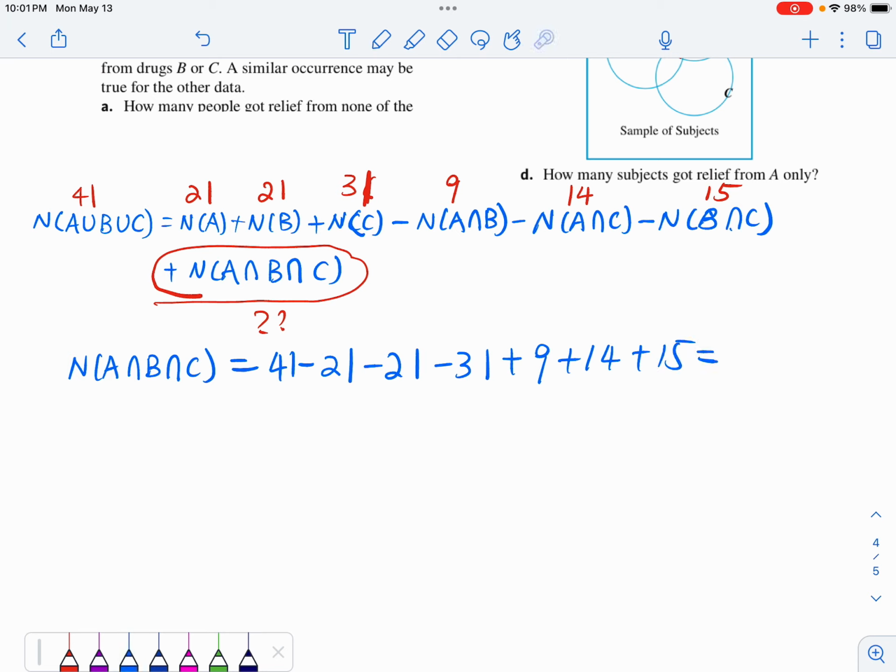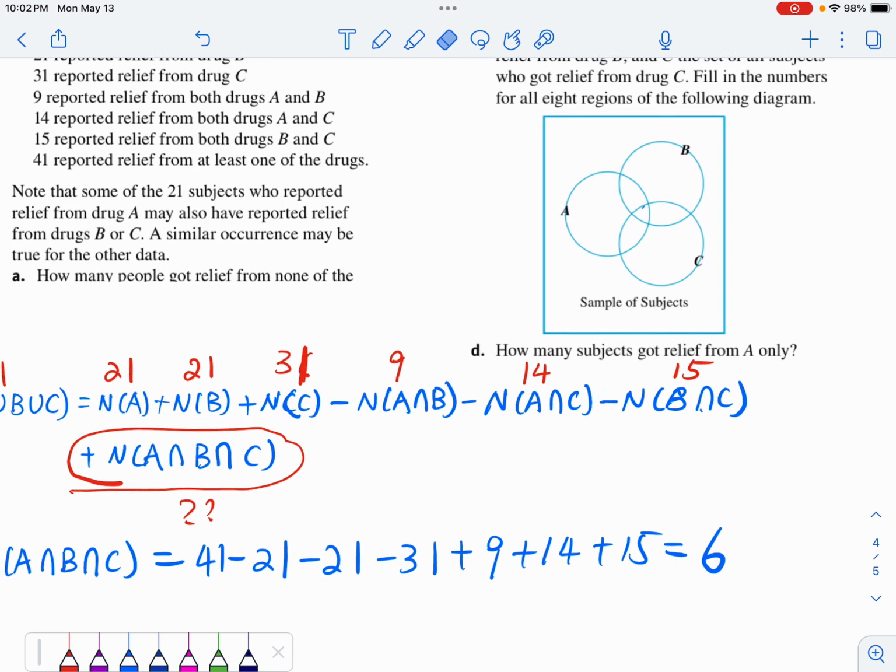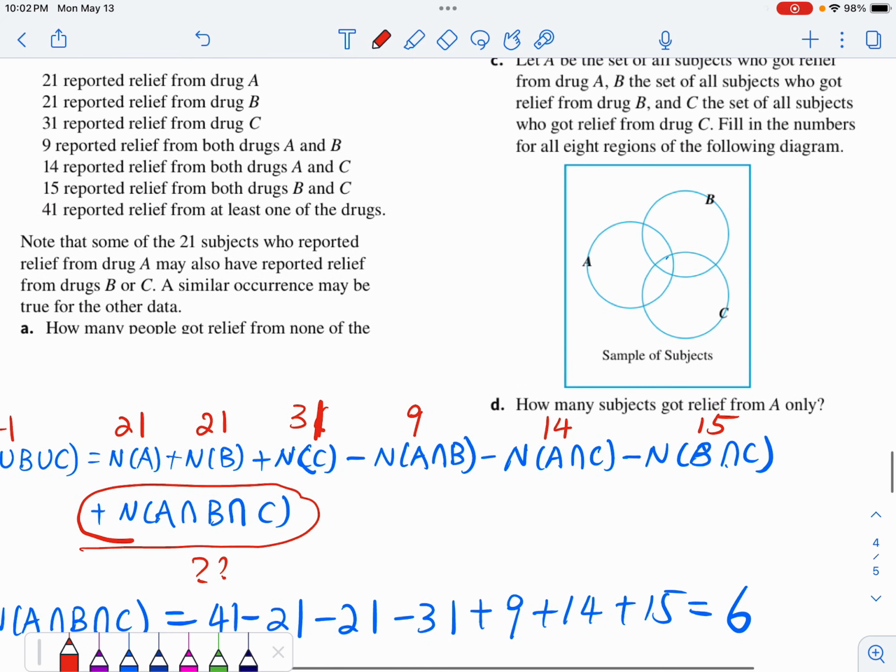So that's how I would find this one. Just move all these numbers to the other side, and this actually turns out to be 6. So in other words, we do know this is 6. Let me label that 6.